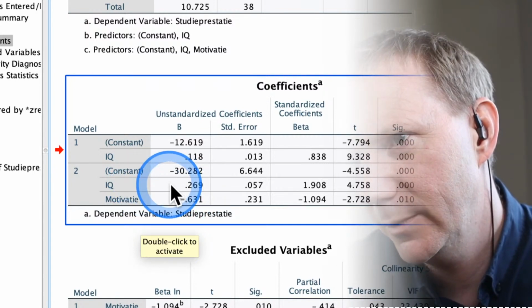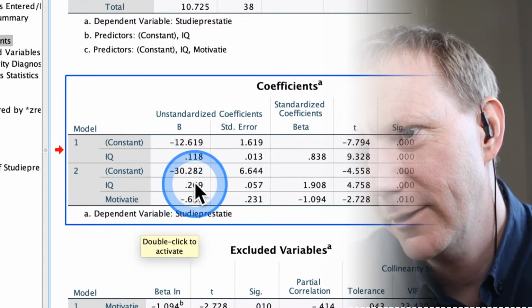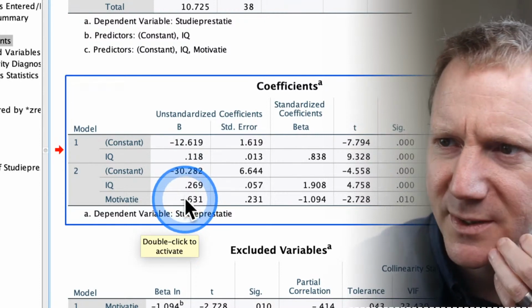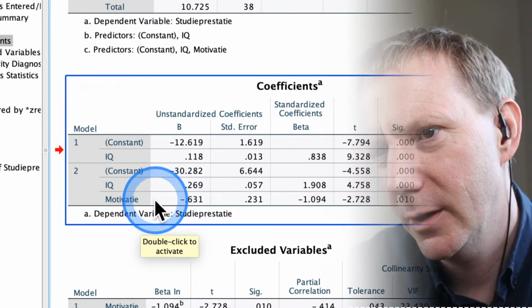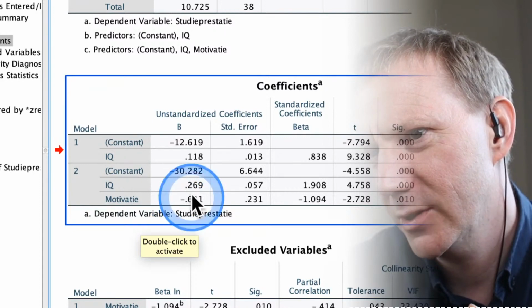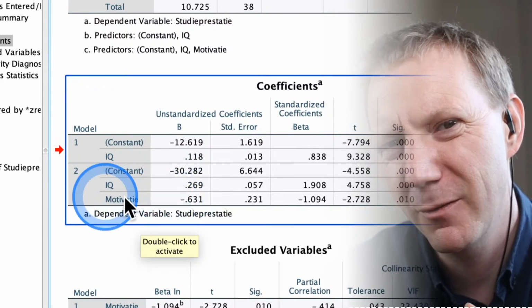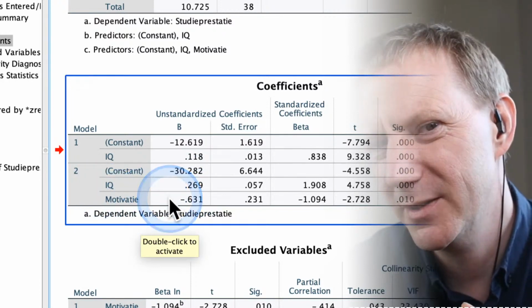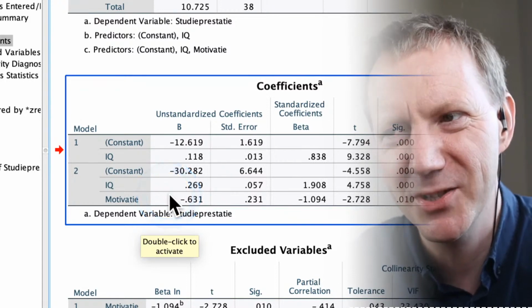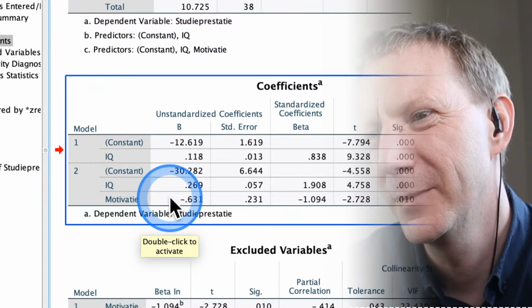Because we see that the higher your IQ, the higher your study outcome, but the higher your motivation, the lower the study outcome. So there's definitely something wrong with this motivation as a predictor. Of course, this is all simulated data, so don't worry. This is not saying anything about real life.